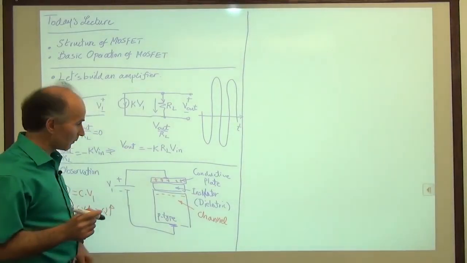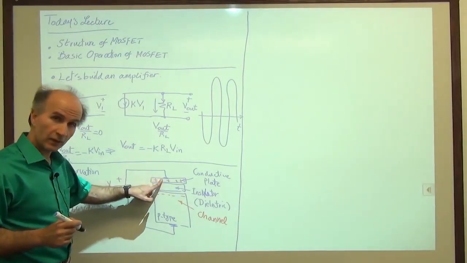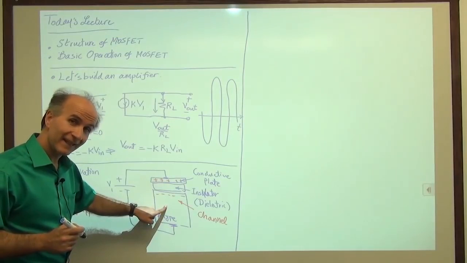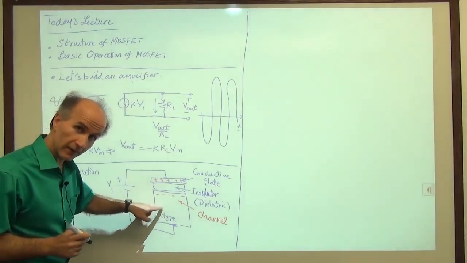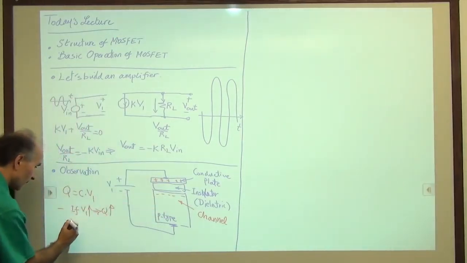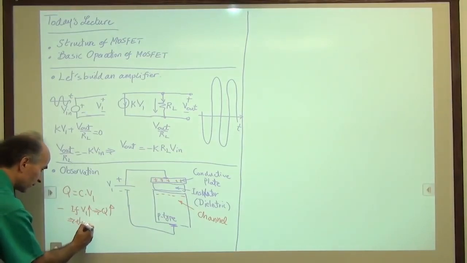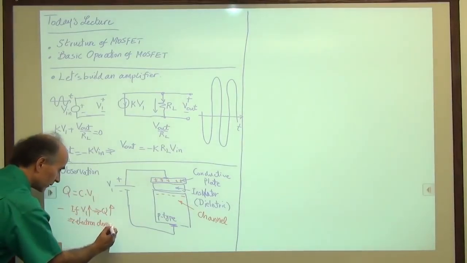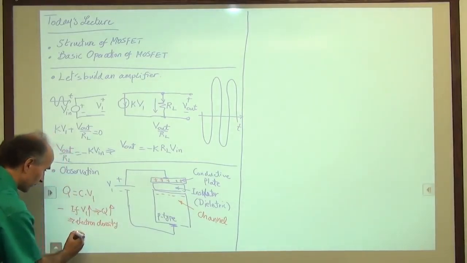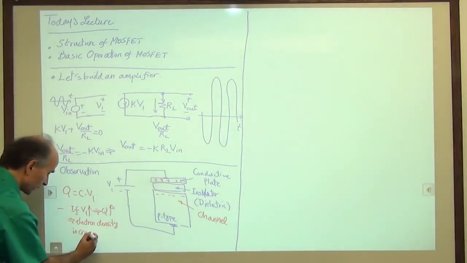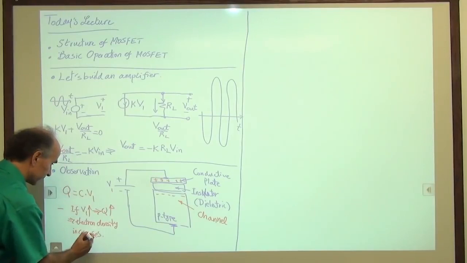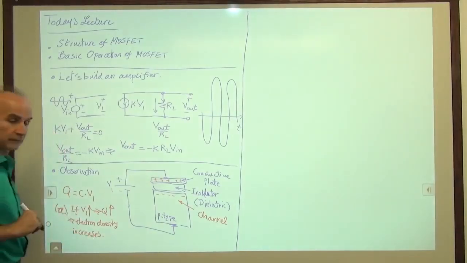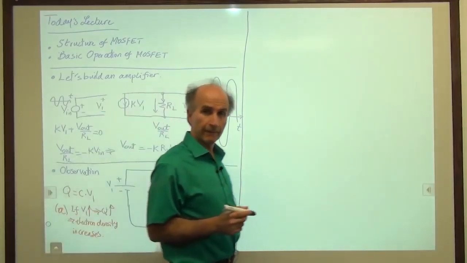If Q increases, it means we have more positive charge here and more negative charge here. So the electron density here increases. So I'll call this point A. So far so good? All right.